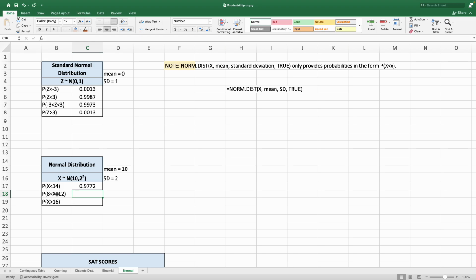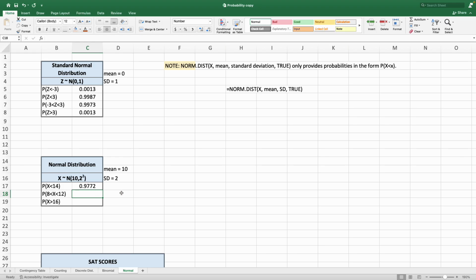Okay, x is between 8 and 12. So remember that like up here with -3 and 3, we had to do the probability z less than 3, subtract off z less than -3. So let's just do that all in one go here. So we're going to do the probability that x is less than 12 minus the probability x is less than 8.